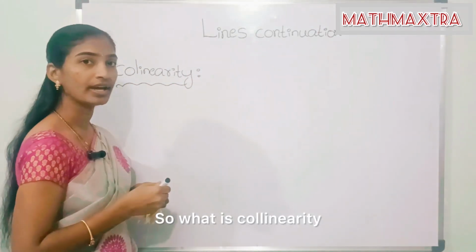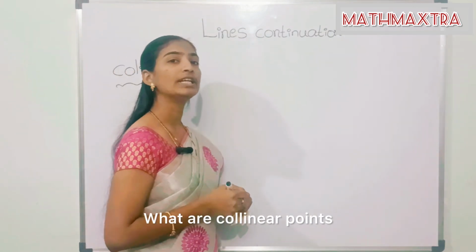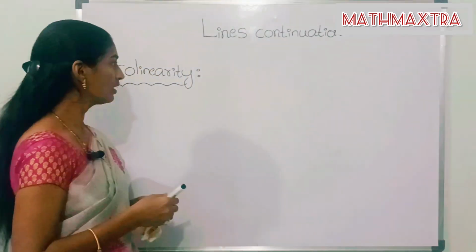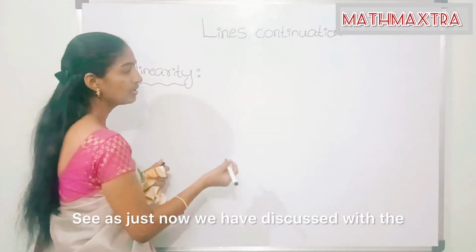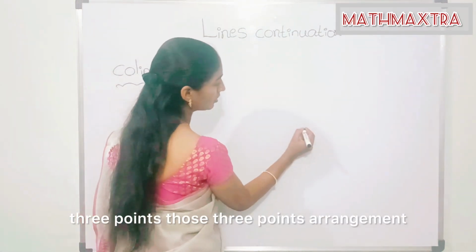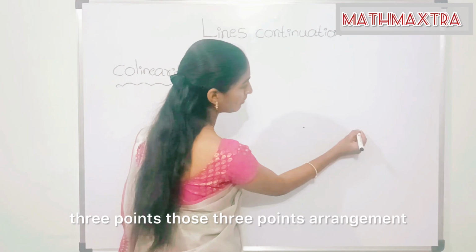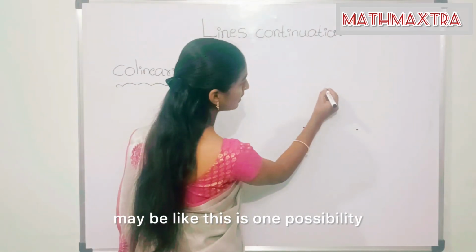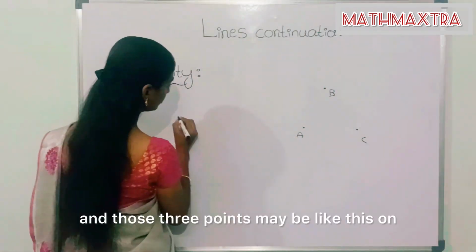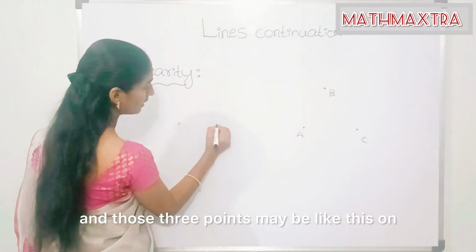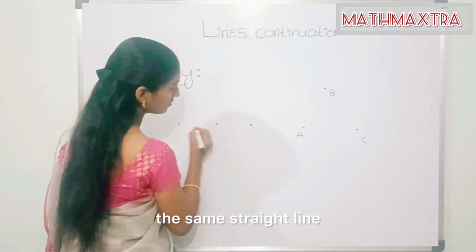What is collinearity? What are collinear points? As we just discussed with the 3 points, their arrangement may be like this, which is one possibility, or those 3 points may be on the same straight line.